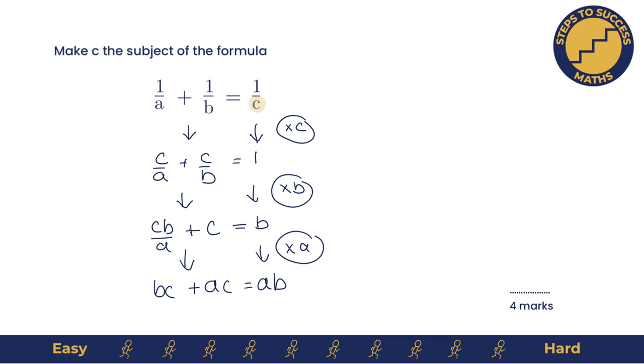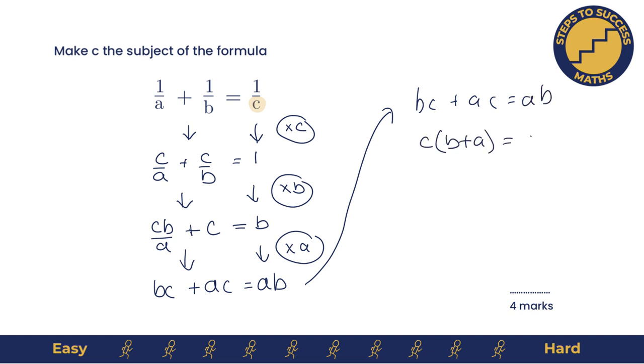Now I can see I've got all the C's on the left-hand side of the equation, so I can use a bracket. C bracket B plus A is equal to AB. Now I can divide by everything inside the bracket. C equals AB all divided by B plus A.